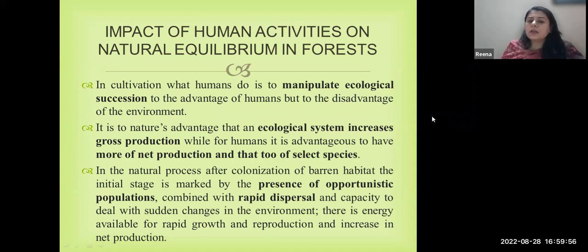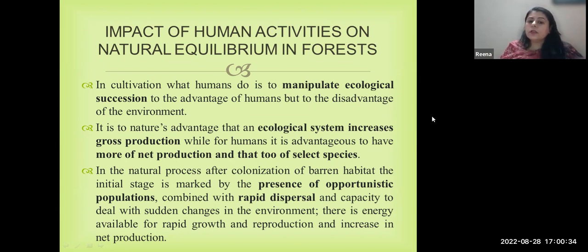So it is to nature's advantage when an ecological system increases gross production, while for humans the advantage is in net production and in selective species; we always try to cultivate some selective species on a restricted piece of land. But naturally, through natural processes, the environment supports the maximum number of species in any plot or area of land.